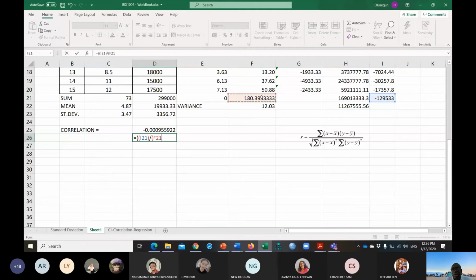You mean this multiply by this. Okay. And this is supposed to be raised to power 0.5 because of the square root. Do you agree with that? Yes. 0.5. And then the bracket closed now. I think it's okay now.